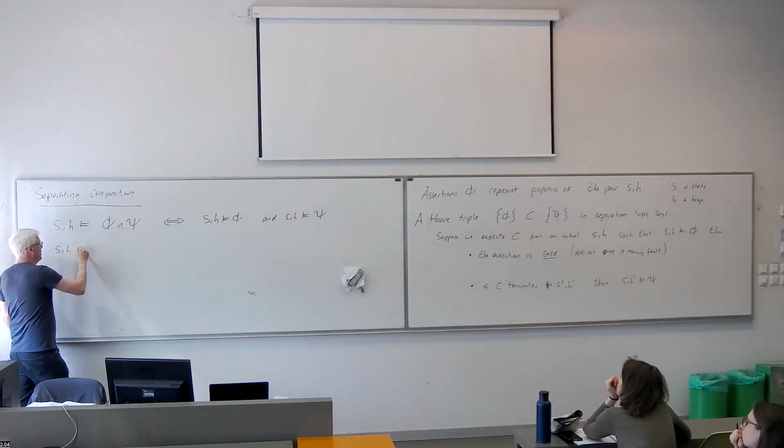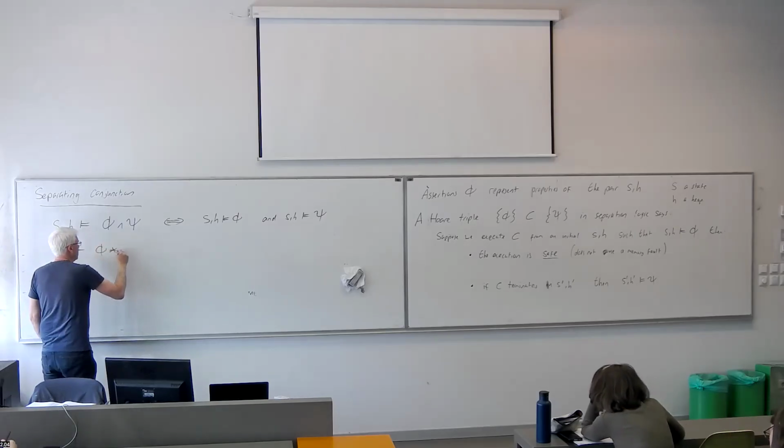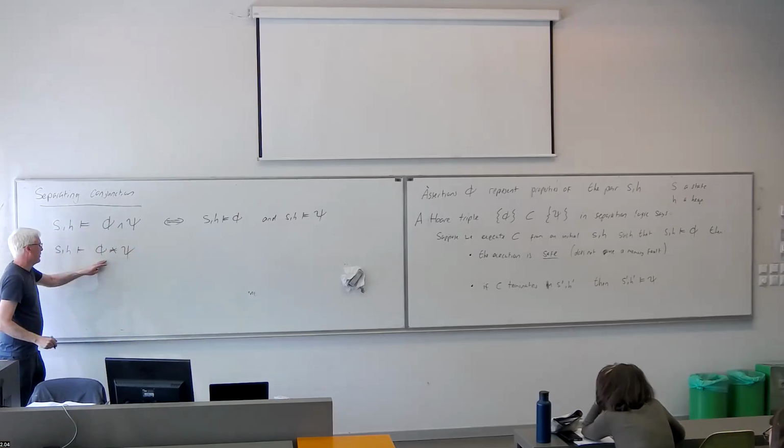So the crucial one is this: it says phi and psi are both true, but they're true on separate areas of the heap.